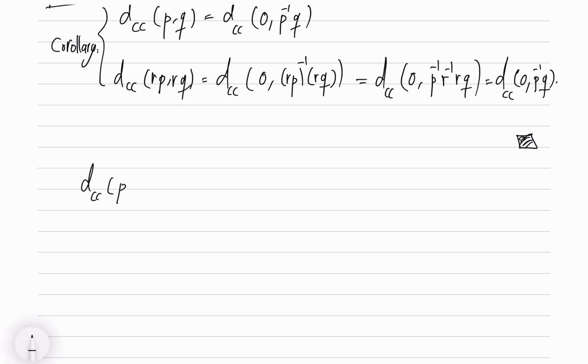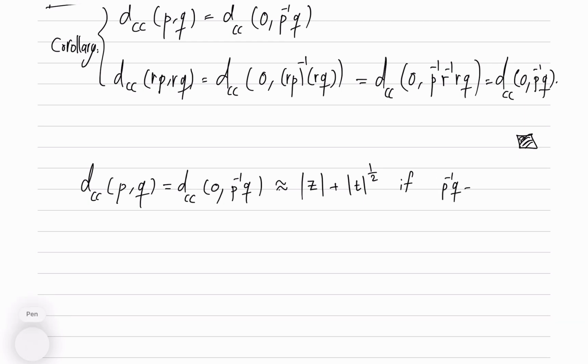And one of the important corollaries is that dCC of P and Q, which we just showed is precisely equal to dCC of 0 and P inverse Q, will be comparable to, because distances to 0 were comparable to the square root of Z plus T to the 1/2, if P inverse Q is written as a Z and T. But from the group operation, we can compute these in terms of just the coordinates of P and Q. You just apply the group multiplication formula.